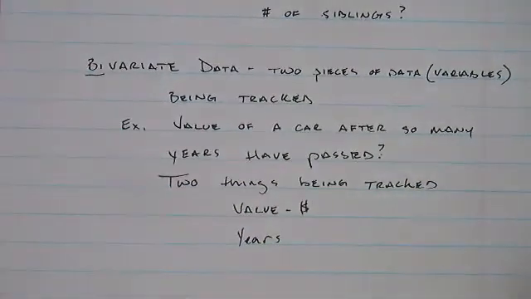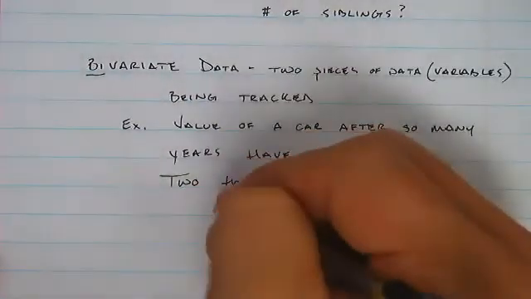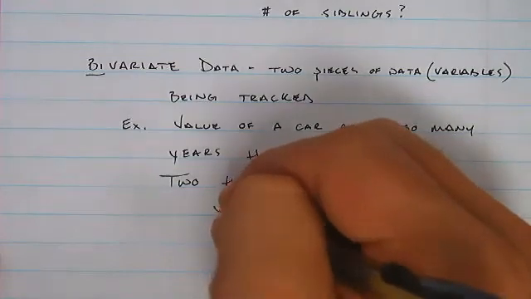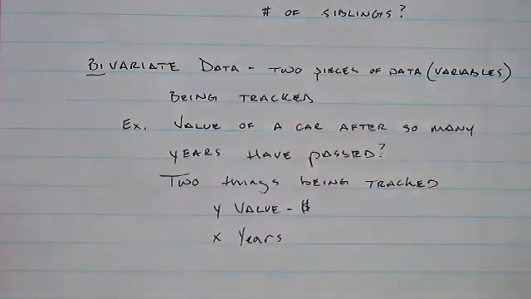So we're tracking something like an XY relationship. We've got two things being tracked here.